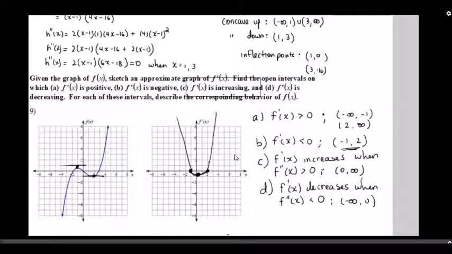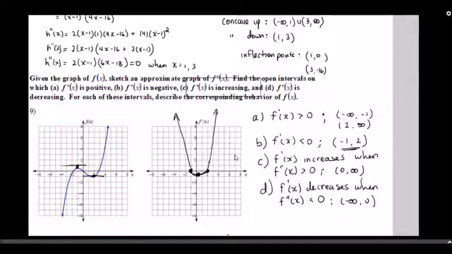And then part D says f prime of x needs to decrease from negative infinity to 0. So negative infinity to 0 is talking about this part of the graph, and it is indeed decreasing till about 0. So it looks like we have a pretty good sketch here of f prime of x.